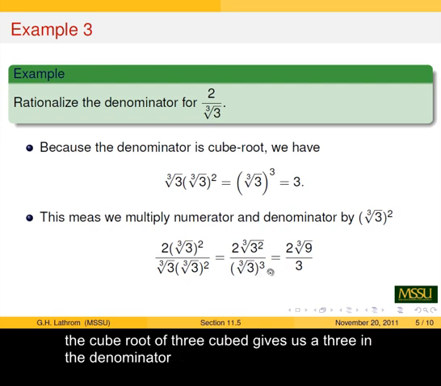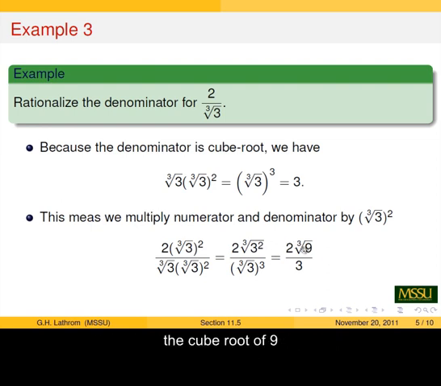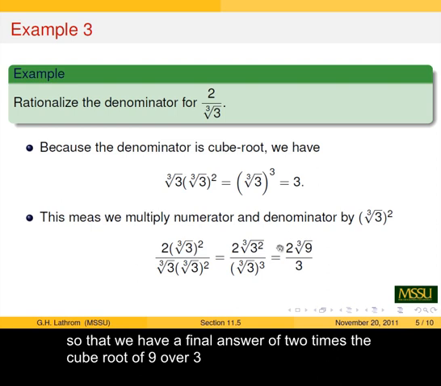The cube root of 3 cubed gives us a 3 in the denominator, while the cube root of 3 squared in the numerator becomes the cube root of 9. So that we have a final answer of 2 times the cube root of 9 over 3.